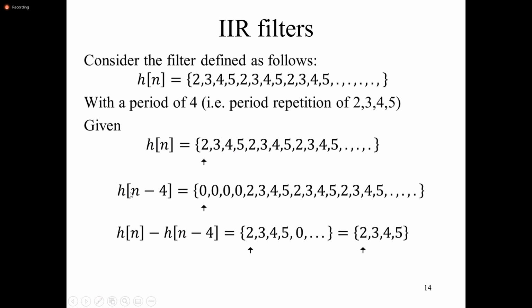Well, if we subtract our delayed coefficients from our undelayed coefficients, we have h of n minus h of n minus 4. We've shifted this, and we subtract that from that, that from that, that from that. When we get here, we subtract and get 2, 3, 4, 5. When we get further along, 2 minus 2 is 0, and so on all the way along.